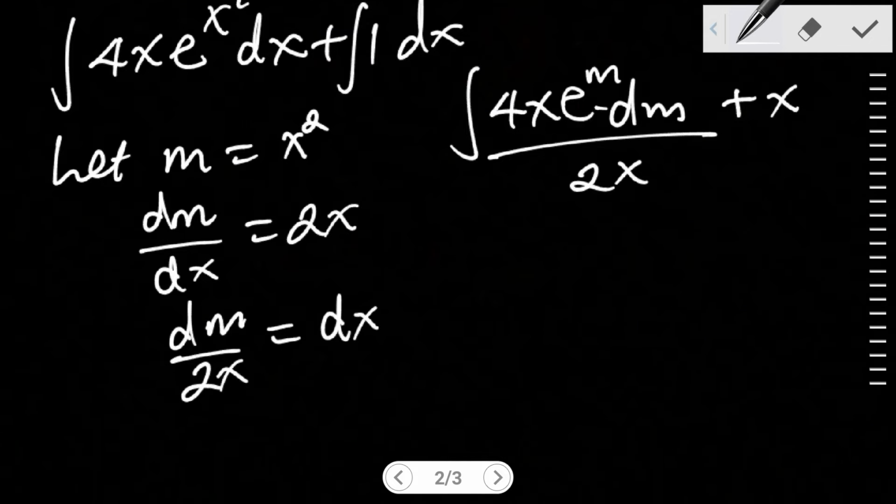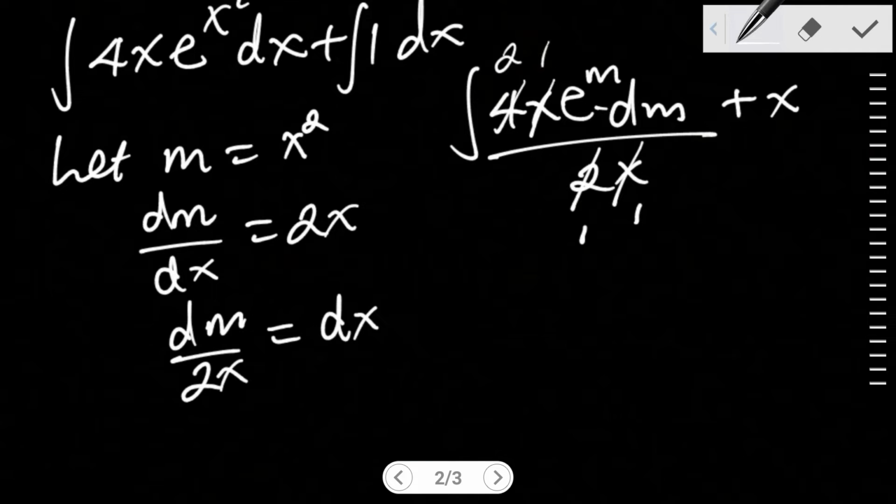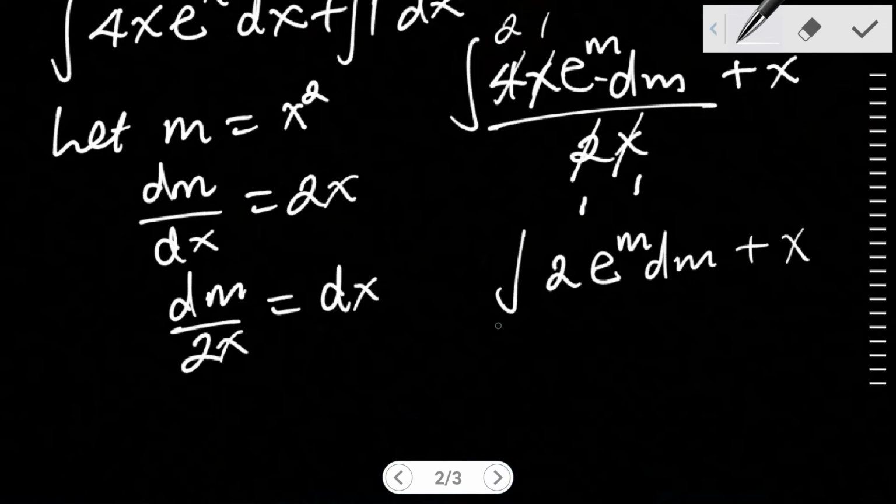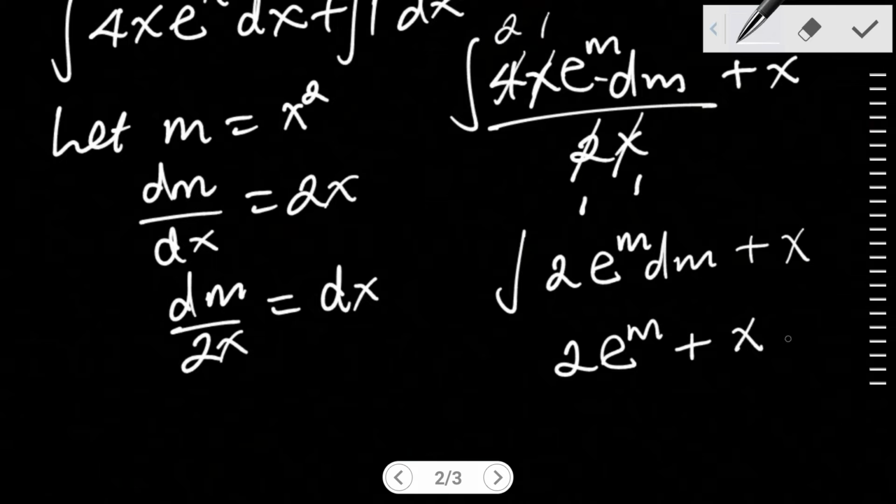So we are going to have something that's going to be, the x cancels, we are going to have 4x over 2x, so this is going to be the integral of 2e^m dm plus x, and so this is going to be 2e^m plus x plus an arbitrary constant, and therefore this is going to be 2e^(x²) plus x plus our arbitrary constant.